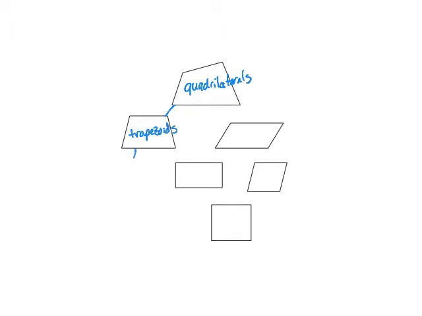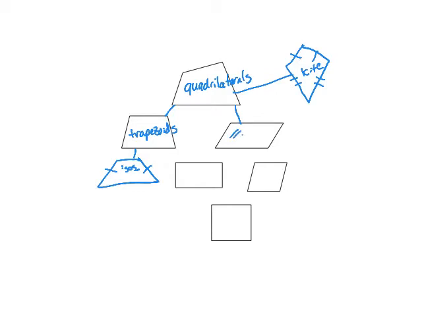Under trapezoids, we can draw an isosceles trapezoid. So I'll put isos in there for isosceles. Over here, we can add the kite, because it's kind of in a family by itself. So I'll connect there. And then we talk about our parallelograms.